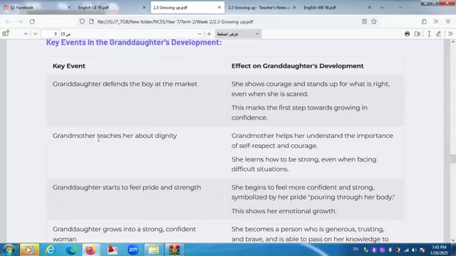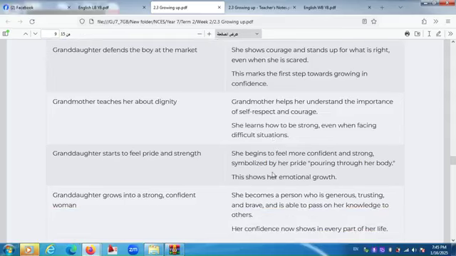The grandmother teaches her about dignity. The grandmother helps her to understand the importance of self-respect, courage and dignity as well. She learns how to be strong even when facing difficult situations. Another key event: the granddaughter starts to feel pride and strength.